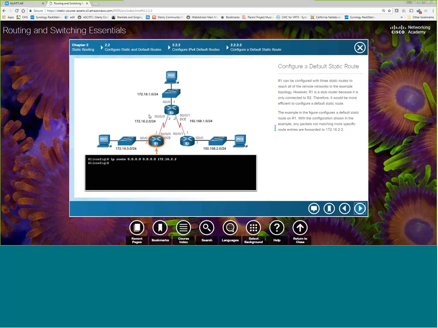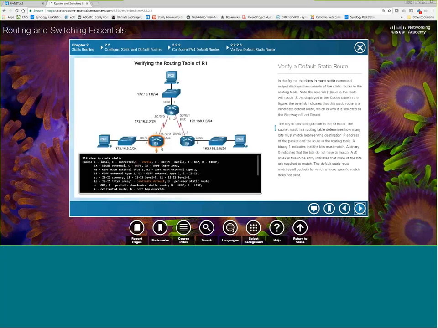Everybody could communicate on this network because R2 knows about the 3 connected networks it has, and it also knows about the remote 3.0 and the remote 2.0 network. R3 would just send what it doesn't know about up to R2, and since R2 has full visibility, it could send it where it needs to go. The only problem in this network would be anything that's outside of any of the networks shown on this page, there's no route to it.